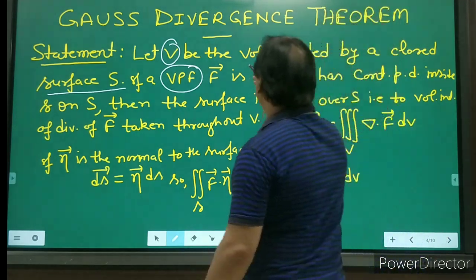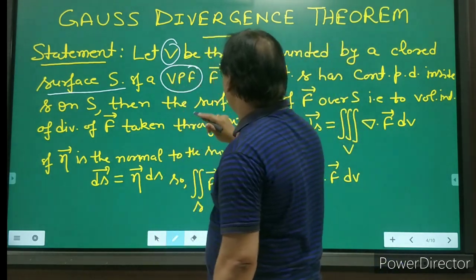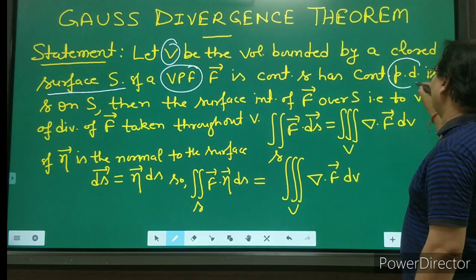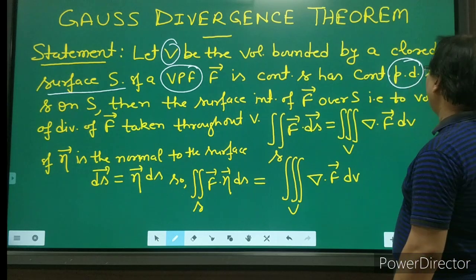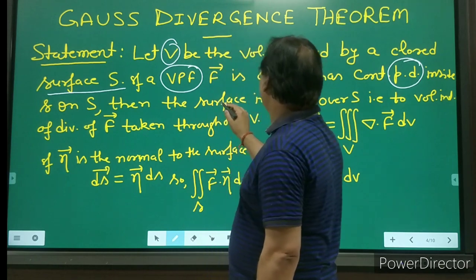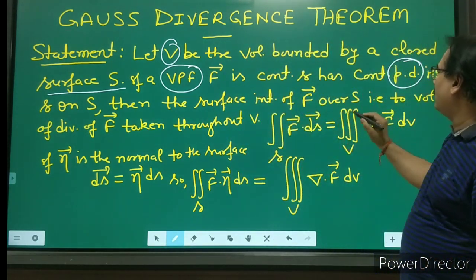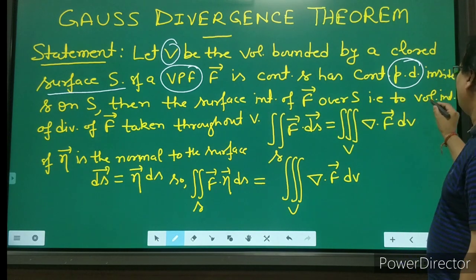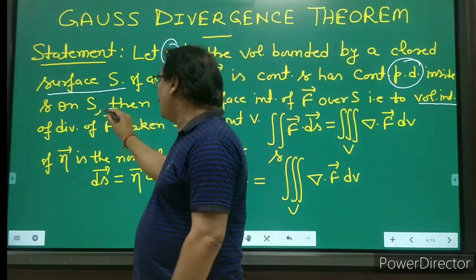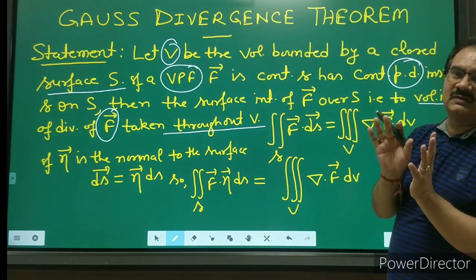Let V be the volume bounded by a closed surface S. If a vector point function f is continuous and has continuous partial derivatives inside and on the surface S, then the surface integral of vector f over S is equal to the volume integral of the divergence of vector f taken throughout V. This is the statement of the Gauss divergence theorem.